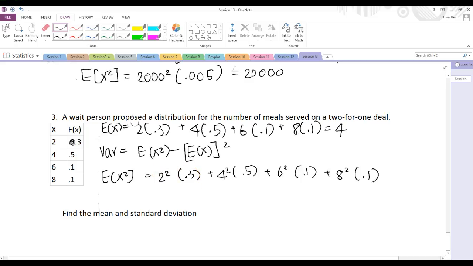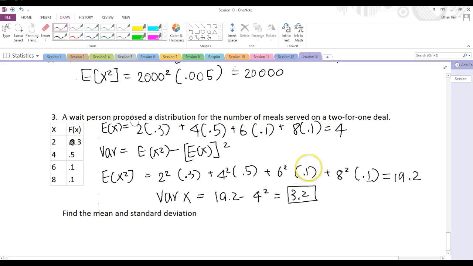And if you do the calculation, you will get 19.2. So variance of x is 19.2 minus 4 squared. Therefore, this is 3.2.